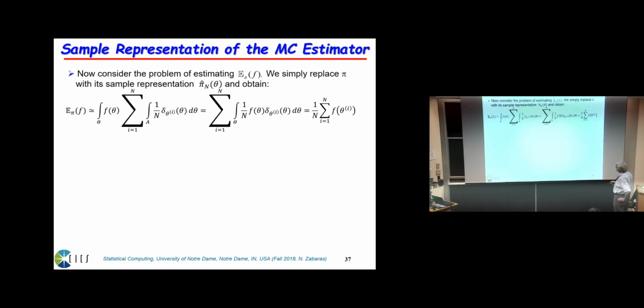This is an amazing result now, that if somehow we compute an approximation of the expectation of f using not the true distribution, but the empirical measure of the distribution, actually the estimate we get is our sample mean. So now maybe you start getting an appreciation of this.